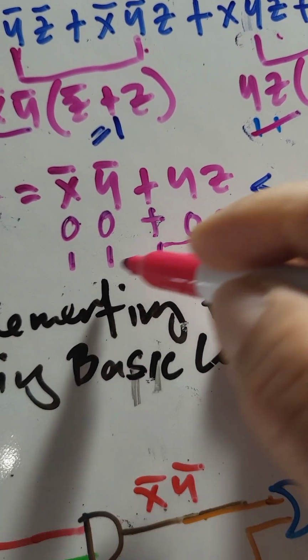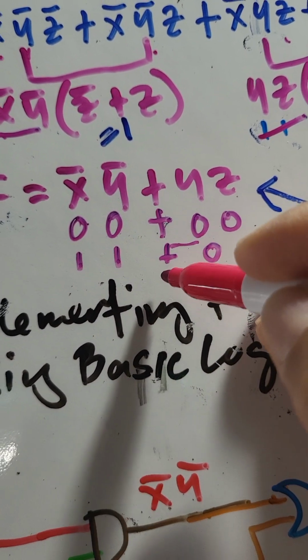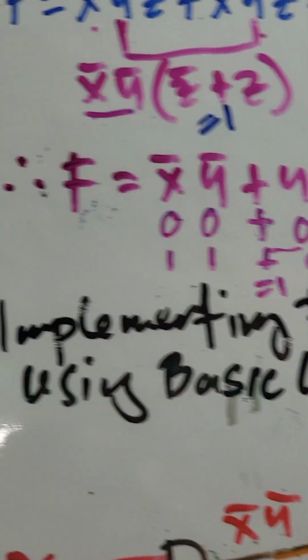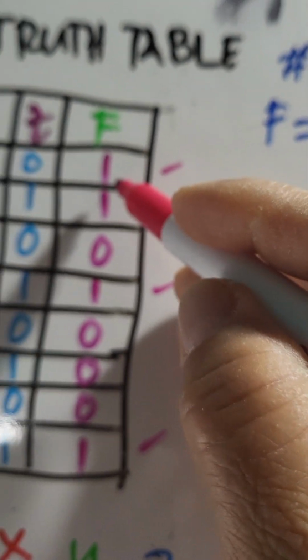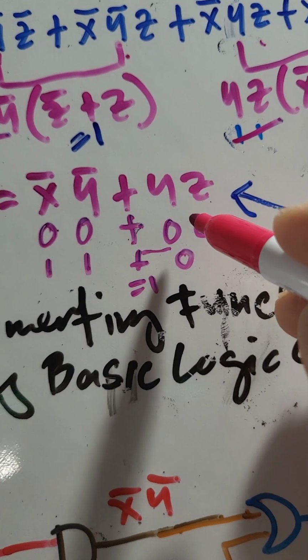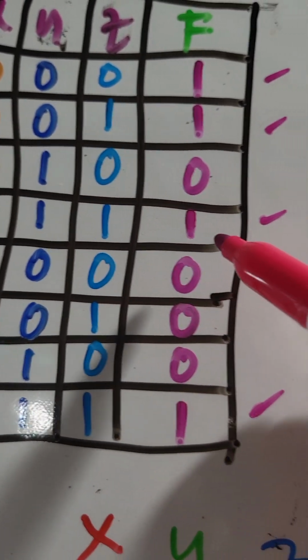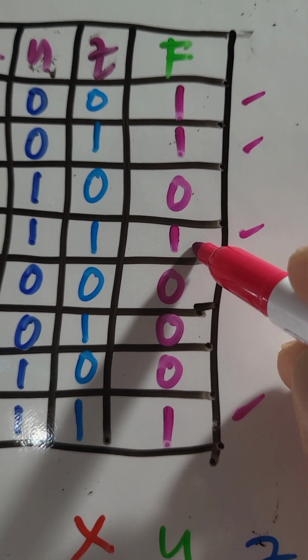So plus this 1, 1, 1 times 1 is 1, plus 0 here, that is equal to 1. So that's why this is correct. And this function is correct. We'll say another one here. We'll prove this one, this output here.